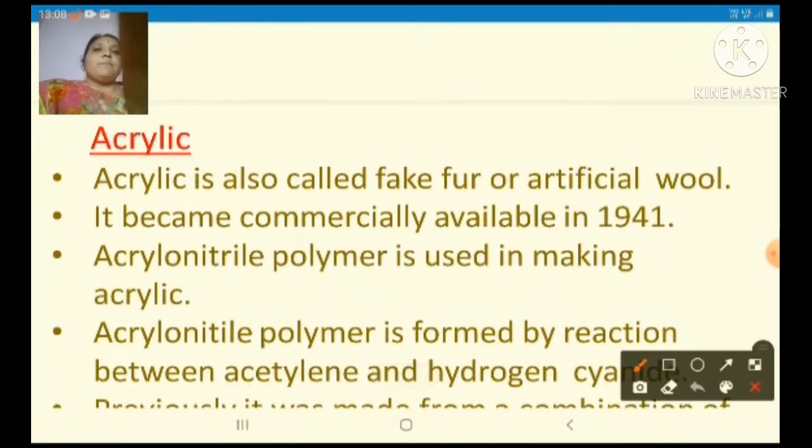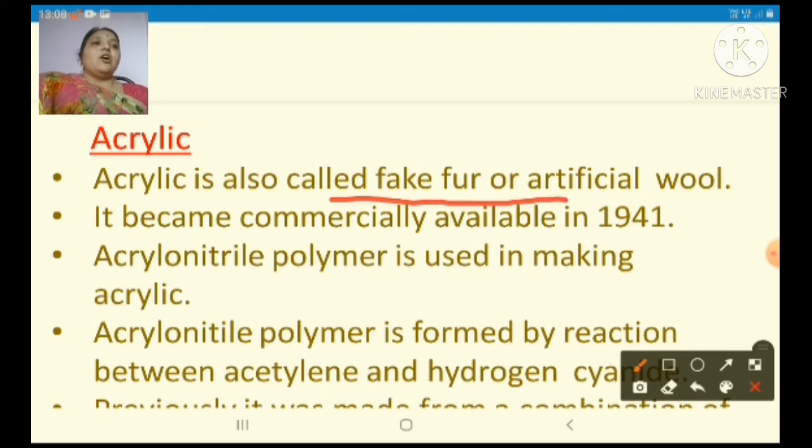Now we will discuss the next synthetic fiber, that is acrylic. So acrylic is called fake fur, or it is also called artificial wool. In order to get the wool, it is a very long process and we have to get the wool from the animals, and that wool may not be sufficient for the increasing population.